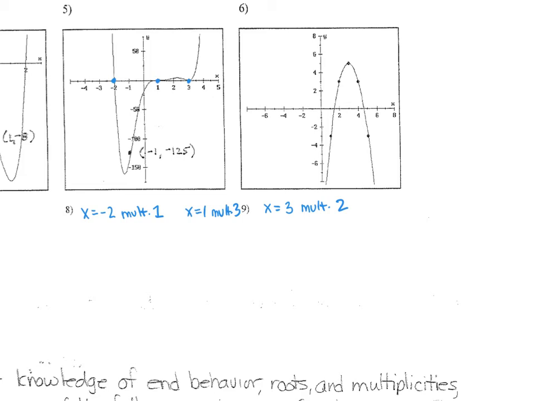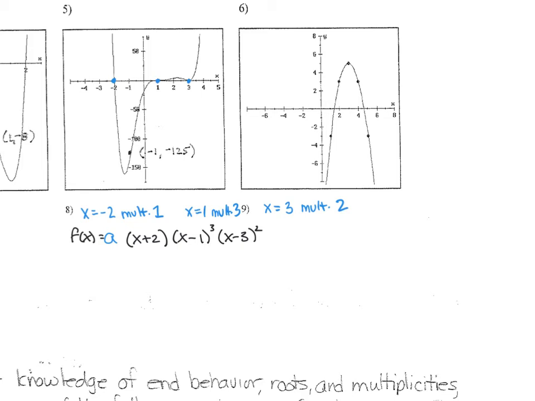Now when we go through and write our equation, we'll have f of x is equal to some a value, we don't know what yet, times x plus 2. You can write a multiplicity of 1, you don't have to, times x minus 1 with a multiplicity of 3, times x minus 3 with a multiplicity of 2. So very similar to the previous problem we had, just different multiplicities.